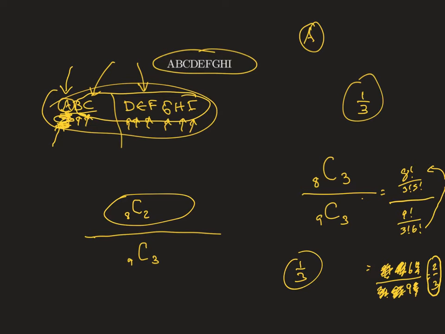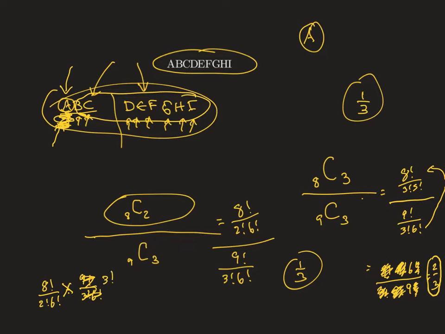Right? And so that is going to be equal to 8 choose 2, which is 8 factorial over 2 factorial, 6 factorial, divided by 9 factorial over 3 factorial, 6 factorial, which is the same as times 3 factorial, 6 factorial over 9 factorial.